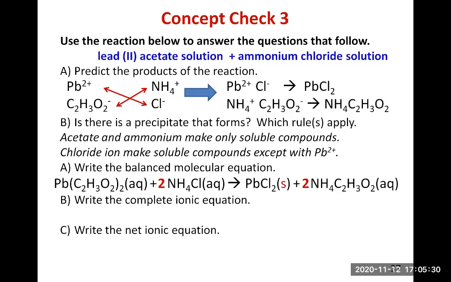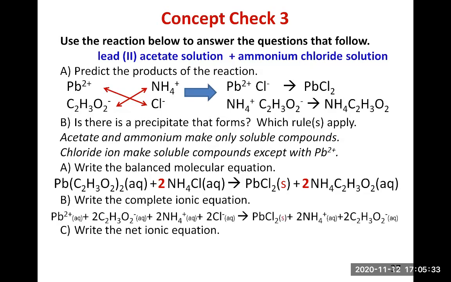So let's write the complete ionic equation now. We have the ions, we know them from what we wrote in question A. So we have Pb2+, that's an ion in solution, so aqueous, plus 2 acetate. There are 2 acetates per lead, so 2 C2H3O2-, and that's also aqueous. Ammonium chloride, we have 2 ammoniums and 2 chloride ions because of the balancing, 2 of each.